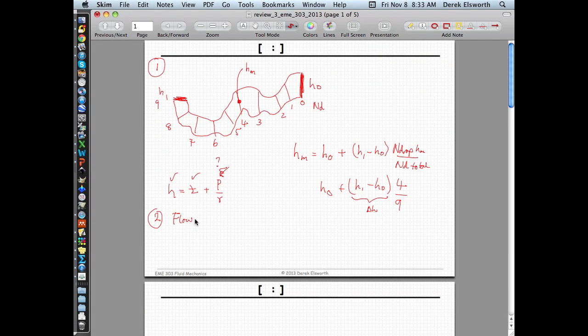The volumetric flow rate is equal to hydraulic conductivity, which is in meters per second, multiplied by the change in head across the system, multiplied by the number of stream tubes and divided by the number of drops. That's all. Very powerful method.